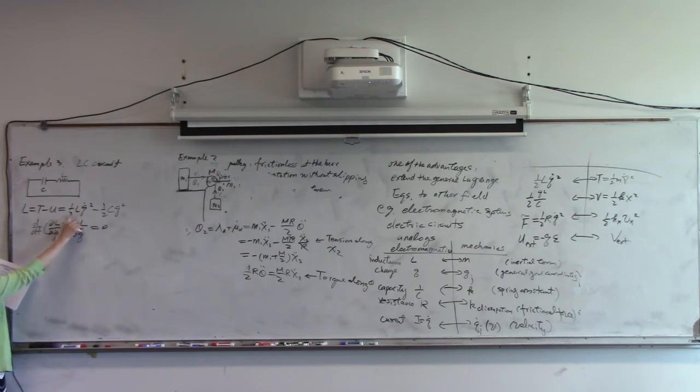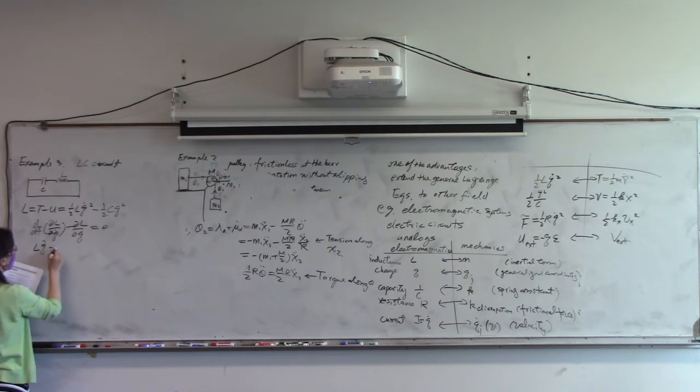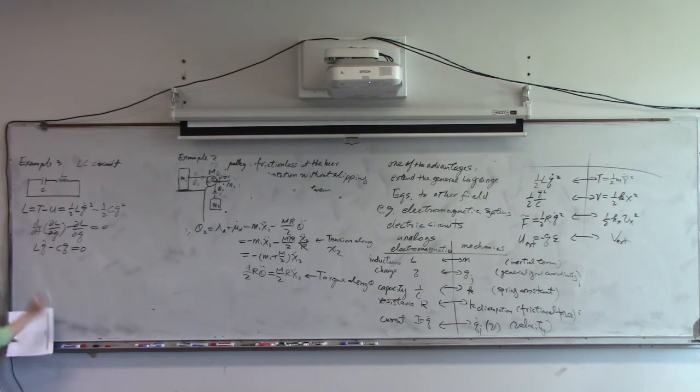Now let's do that. Here we have L Q double dot, and this one is minus Q over C, equal to 0. So this equation is very simple. You know that is the oscillation, right?